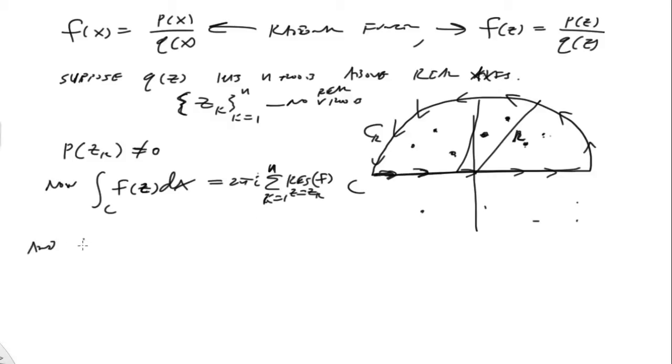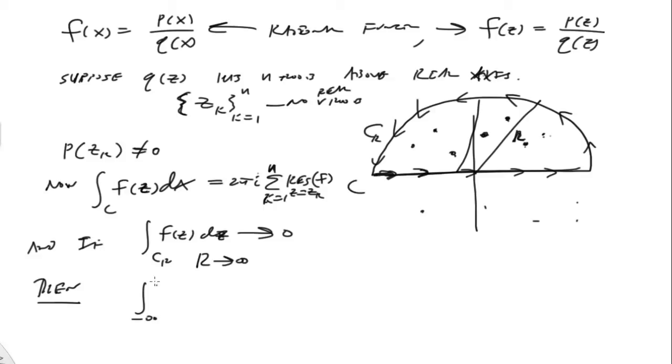And if the contour integral over CR of f of z dz goes to 0 as R goes to infinity, then, and this is the theorem, the integral on the real axis will equal 2 pi i times the sum of the residues.